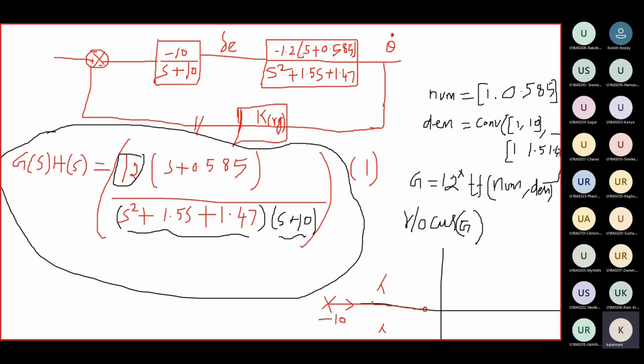And also we get the angle of asymptotes as plus or minus 90 degrees. This is the angle of asymptotes line. Maybe my root locus branches, if it is these poles, will start like this and come like this. These are root locus branches.